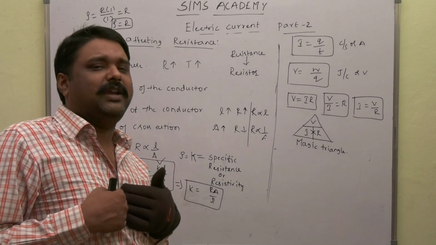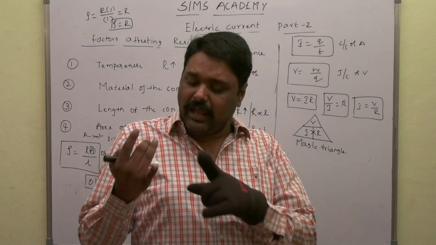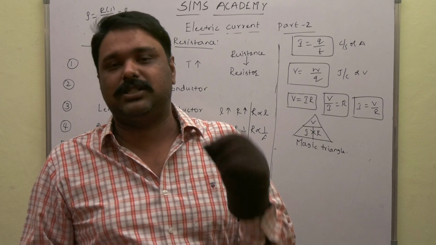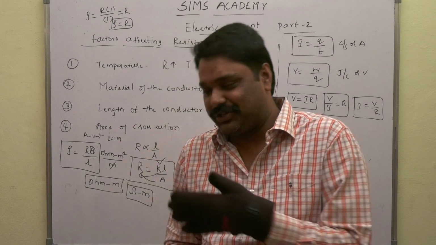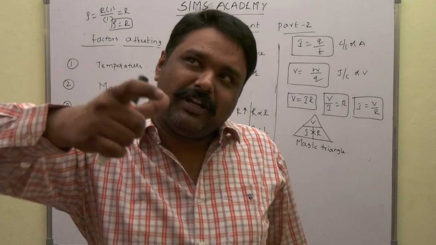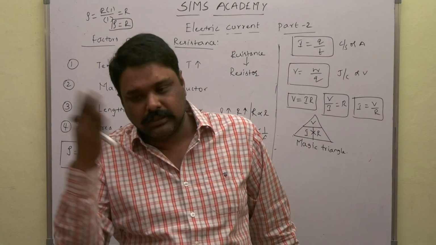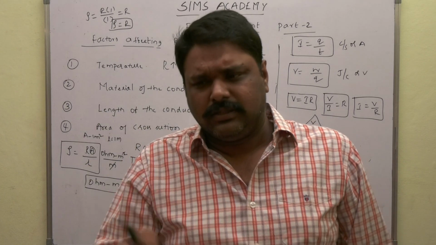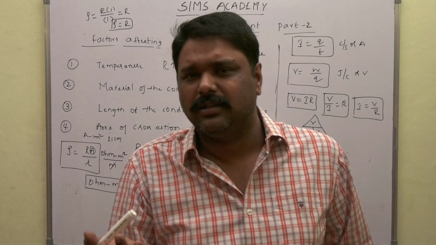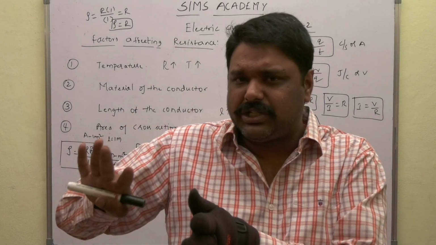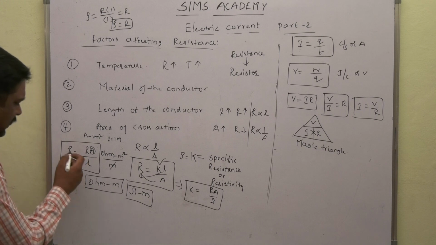Resistivity is also a property of the conductor. It depends upon the nature of the material of the conductor. Every metal, every conductor has its specific resistance, hence we say it has resistivity. Resistivity, or resistance, is the opposition to the flow of electrons. If I allow the flow of electrons, we say conductance; if I oppose, resistance. Likewise, if I allow, we say conductivity.